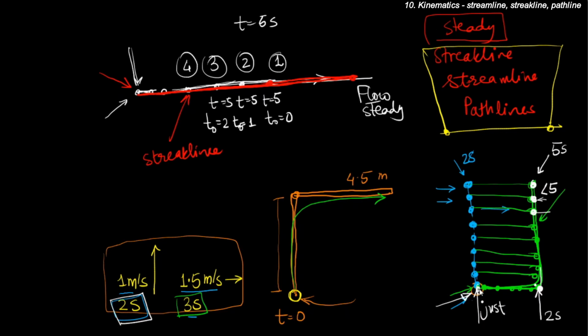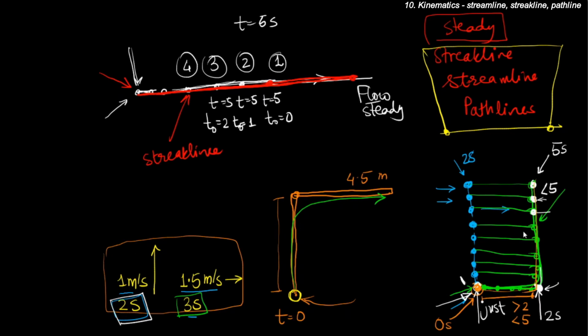So 3 seconds before this, it would have been at this point. After 3 seconds, this point has traveled from this point to this point, and there is a new particle which originates over here. So all these particles have a residence time of larger than 2 seconds but less than 5 seconds, and this particular point has a residence time of 0 seconds, that is, it has just entered into the domain. So the streak line is this.